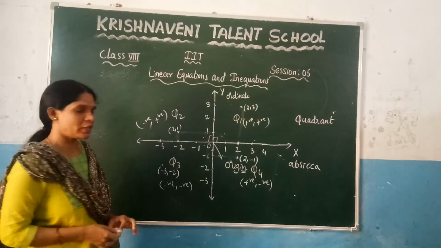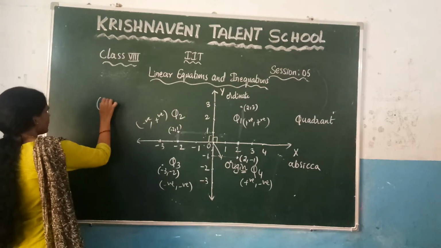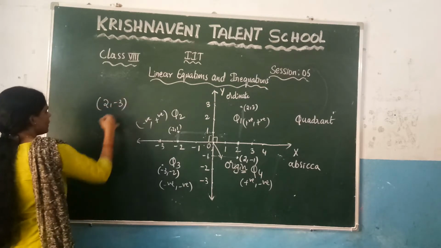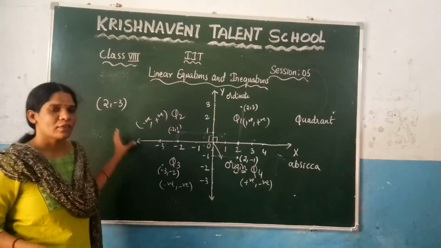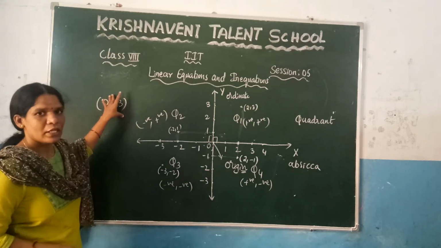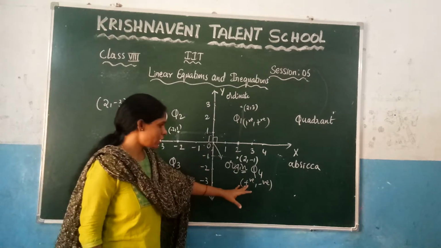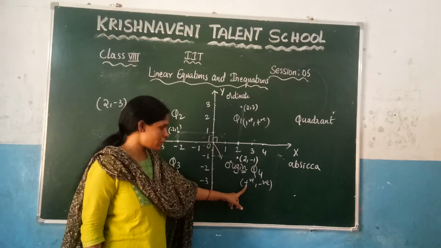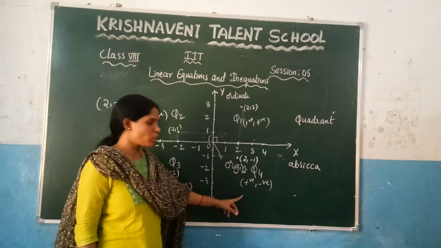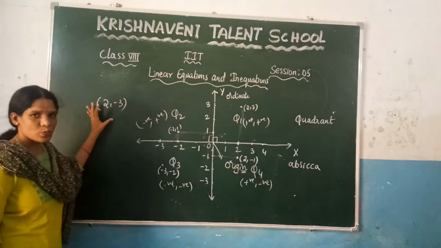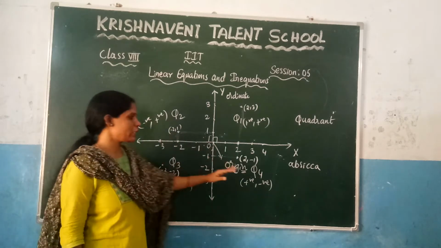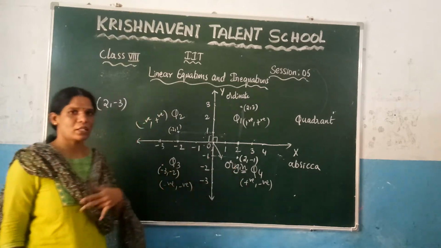Suppose you are given 2, -3. Directly you can say it is in quadrant 4, because the x-coordinate is positive and the y-coordinate is negative. So you can say that this point will definitely be located in quadrant 4. Like that you can check it.